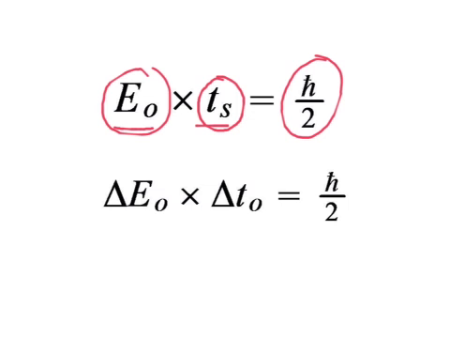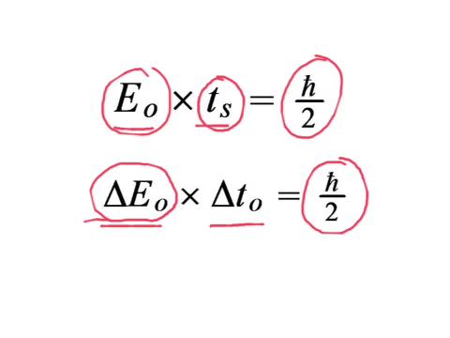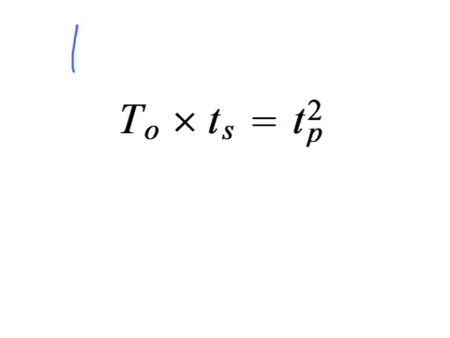From the time-energy uncertainty relation, we have delta E sub O times delta T sub O is equal to h bar over 2. And this is our largest change of energy, and this is our smallest change of time, and both of them equal h bar over 2. We know that small time is equal to delta T sub O divided by the age of the universe.